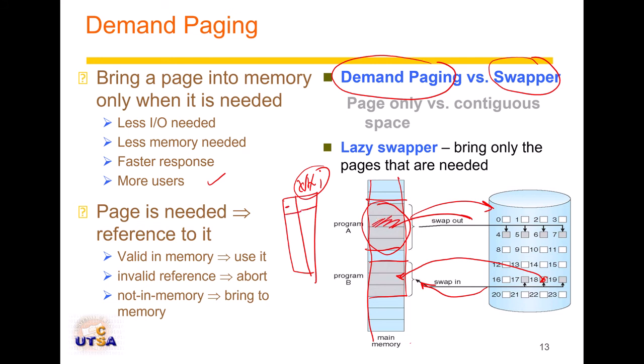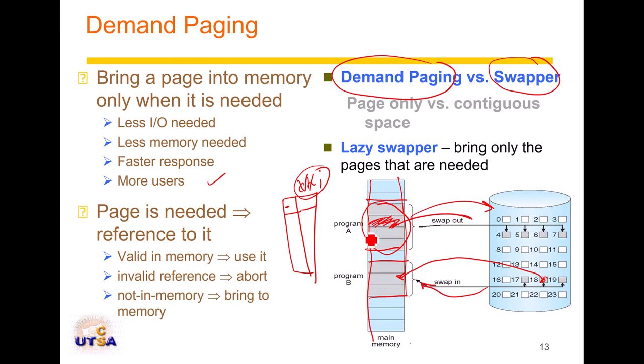And if it is not in the physical memory, then we will go get it from the disk into the physical memory. And also when we are swapping out certain pages, for example, we can use one of the other control bits that's called either a reference bit or a dirty bit.